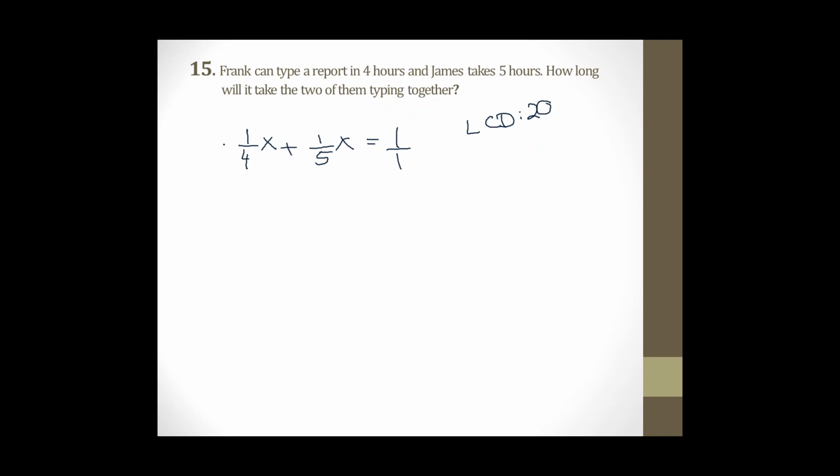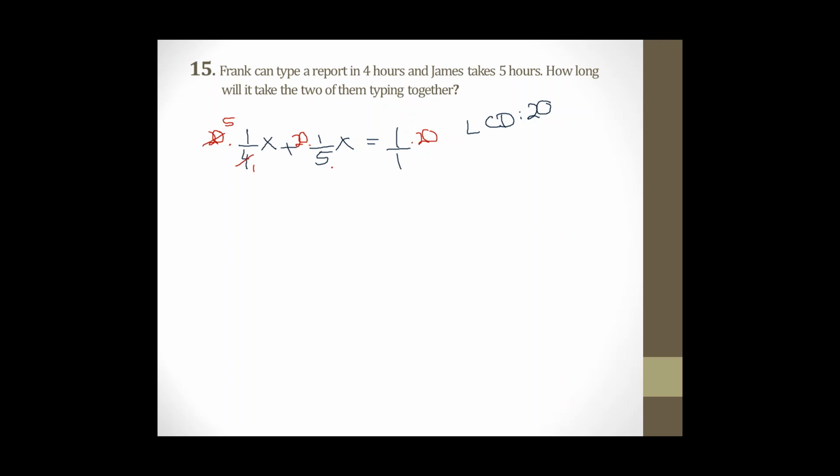Okay, so we're multiplying each individual term by the least common denominator. I'm going to change my color so it doesn't look that messy. Multiplying here by 20, multiplying this by 20, and also multiplying here by 20. When I multiply by 20, both of them share 4, so 4 goes into 4 once, 4 goes into 20 5 times.